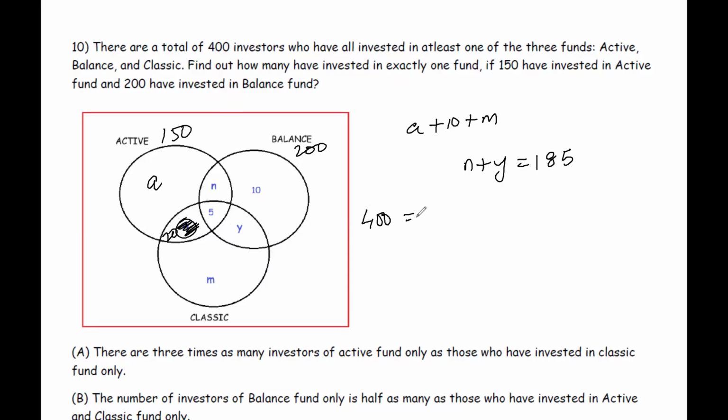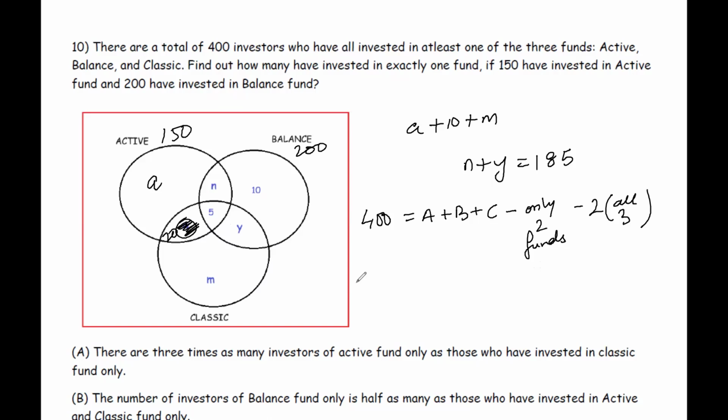400 is equal to A plus B plus C minus only 2 funds minus 2 times all 3. Right.